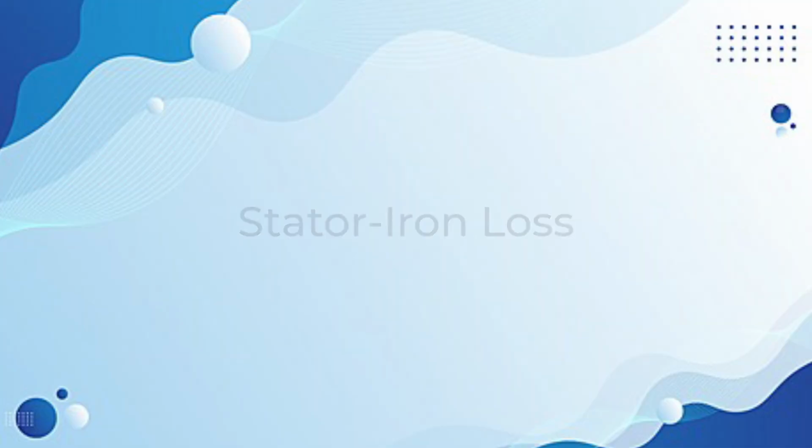Fourth is stator iron loss, that is stator core loss. This loss specifically refers to the iron losses in the stator core. The main losses include: first, copper losses, that is I square R losses. Second is iron losses, that is core loss.